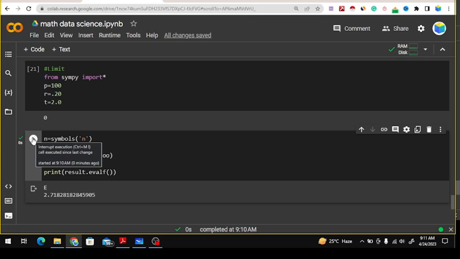So let's try to understand the power of SymPy. SymPy is a powerful and fantastic computer algebra system, the CAS for Python, that uses exact symbolic computation rather than approximate computation using decimals.